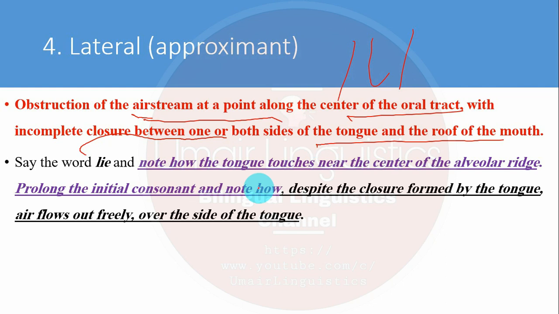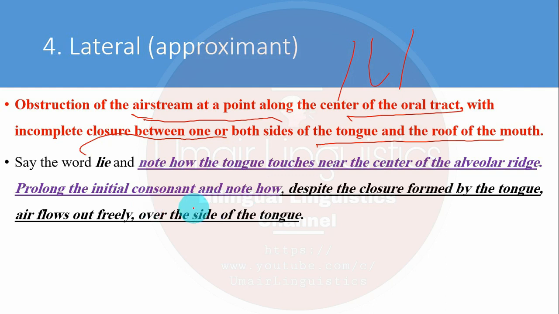Keep your tongue at that position, l, l, and you will notice that despite the closure formed by the tongue, when we say l, we have closure at the alveolar region, but because our tongue is not so close to the roof of the mouth, the air is passing through the sides of the tongue, over the sides of the tongue.